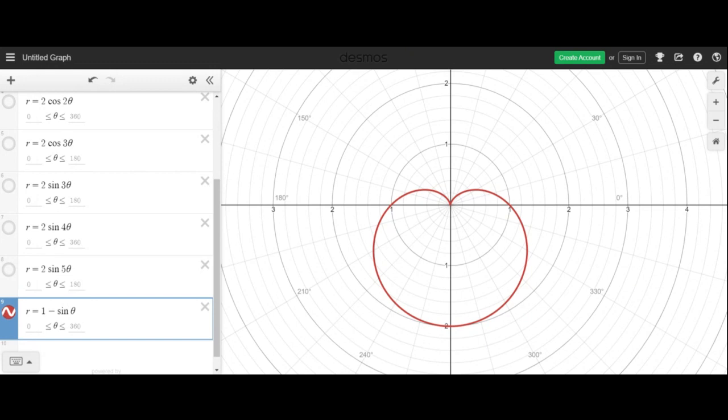I'm thinking it might be kind of fun to plot the line that we figured out before. r times 2 cosine theta minus sine theta equals 5. Let's see if it'll do that.